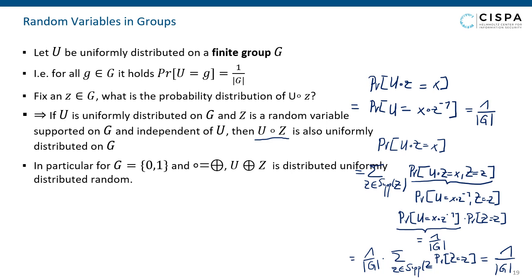In particular, if we look at a specific group, say G is again the binary group with group operation XOR, and U is a uniformly random bit, then U XOR Z is again uniformly distributed, as long as Z is independent of U.